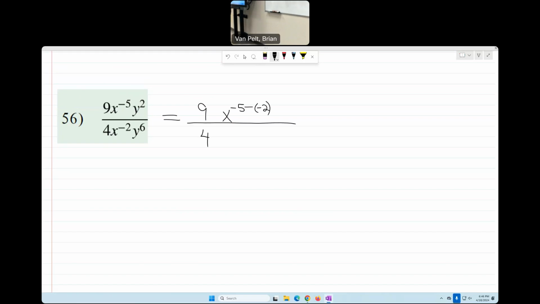I'm going to do the same with the y. Y to the 2 minus 6. I get 9. What's the exponent? What is this number up here going to be? 7 minus 10, negative 3. Negative 3. What about this up here for the y?